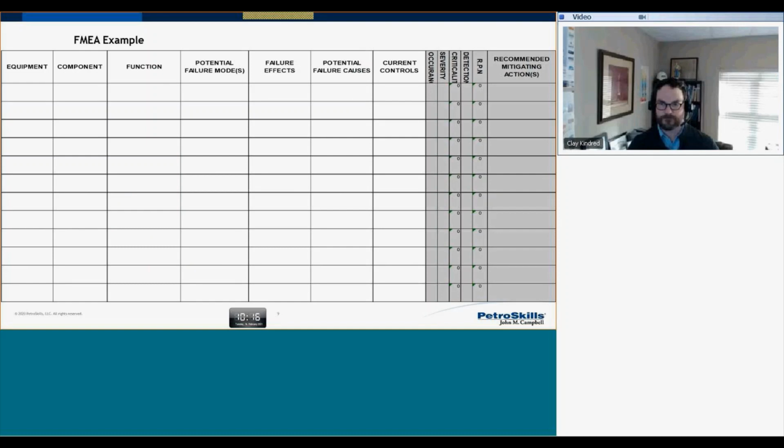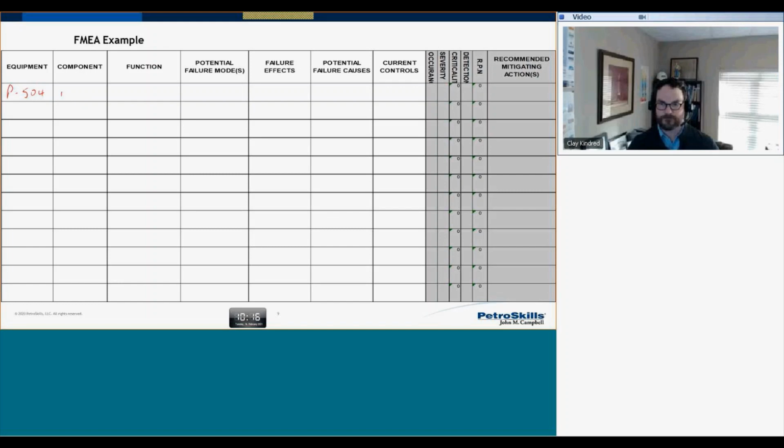Now, if we start to put this into an FMEA, and there are several methods of putting this together, this is a layout I've used quite a lot, and it works for me. So as an example, we could say the equipment is P504. The components, well, we've got a motor, we've got a pump, we've got control systems.